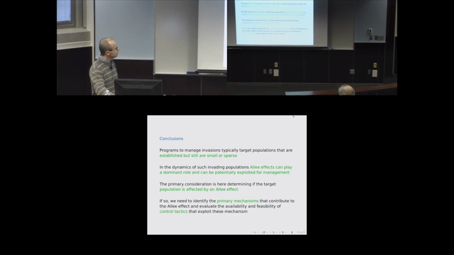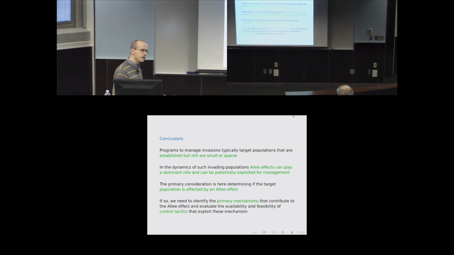So if we are in the position of eradicating a population, and we don't know much about population dynamics or the life history of the species, the first thing we should do, together with estimation of parameters like mortality, birth rate, dispersal, and other things, is also look for Allee effects in the population. Because if we find them, we have a better chance to efficiently eradicate the population.